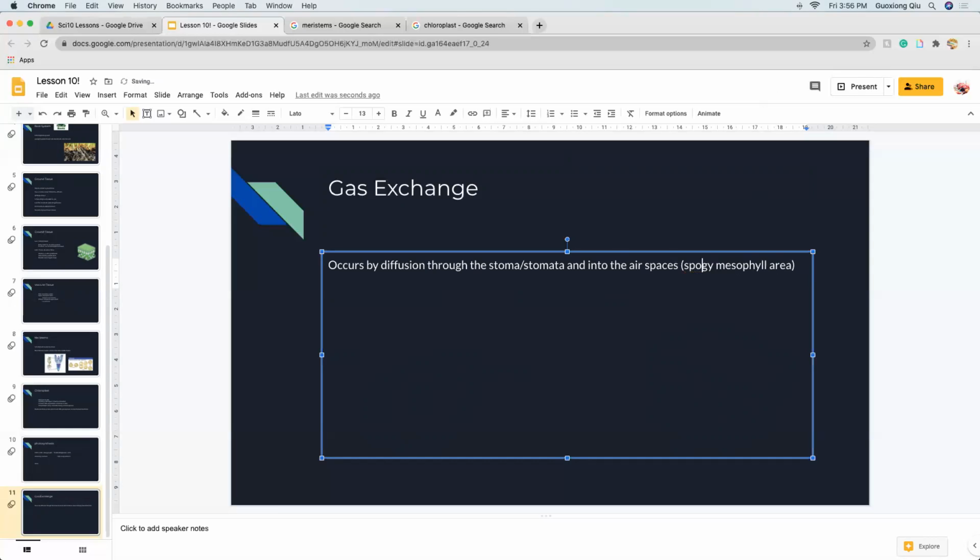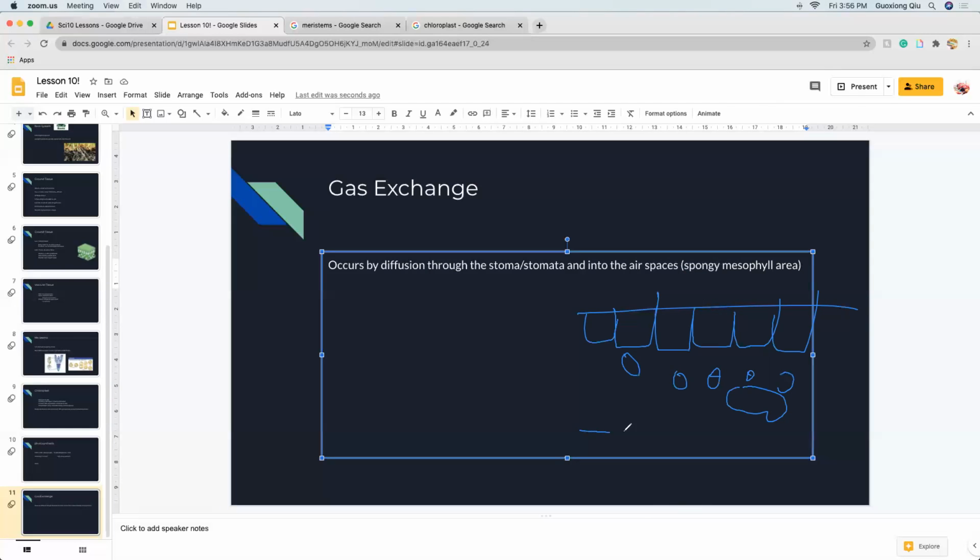Genuinely cannot spell. But back to my horrible drawing that I should have kept instead of erasing. Here we have your epidermis, your palisade tissue that looks like this, and then we have your spongy mesophyll that kind of looks like that, but not really.